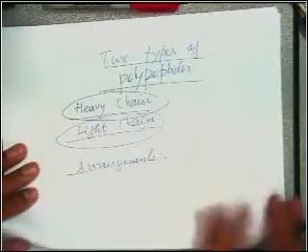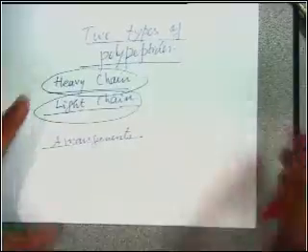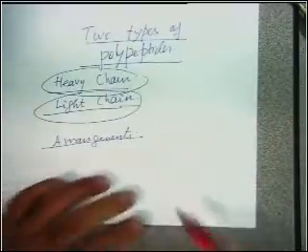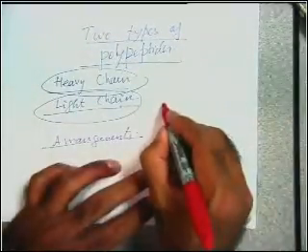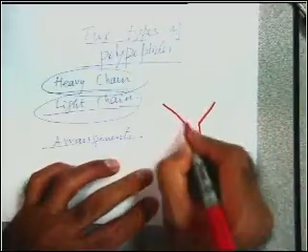Now we can look into the arrangement of this heavy chain and light chain. For example, in experiments, which we will see in a little bit, they proved that the antibody looks like this.